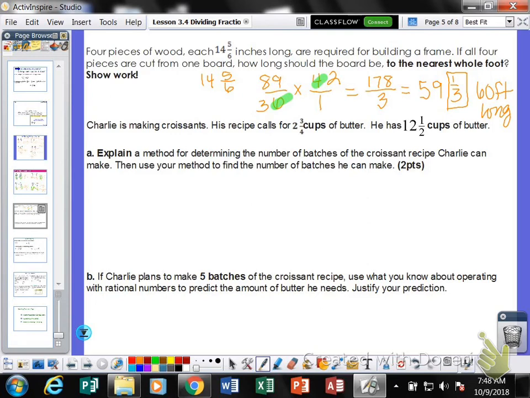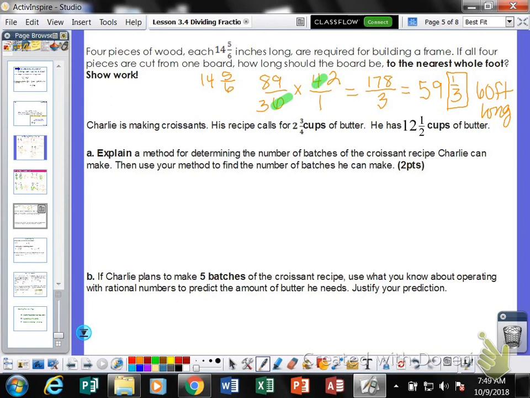So his recipe calls for 2 3/4 cups. He has 12.5 cups. So we could divide these.